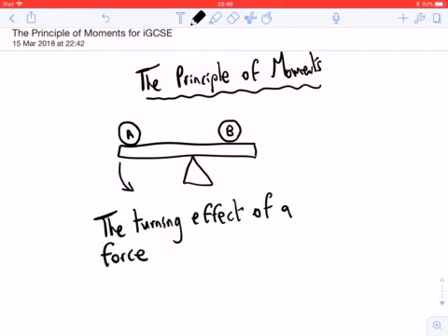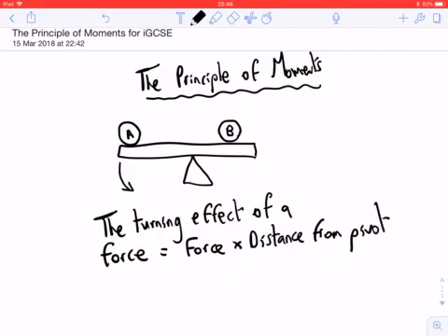It depends on the size of the force and the distance that the force is from the pivot. Force times distance. We have a strange word for this. We call it the moment of a force, and we work that out as force multiplied by distance from pivot.